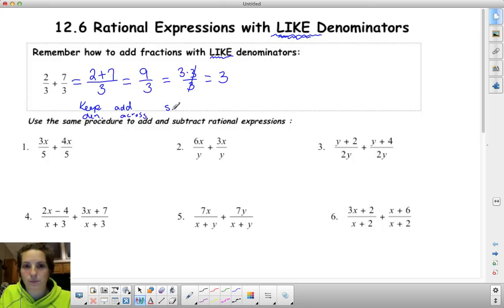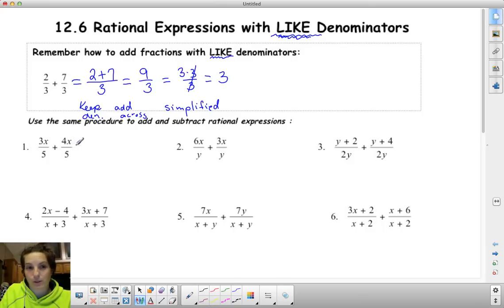Then we simplified. And as part of my simplifying, remember I did my factoring. That's why I did that.